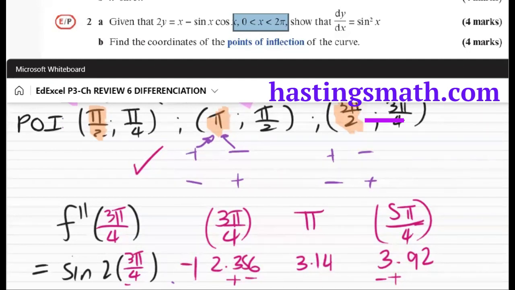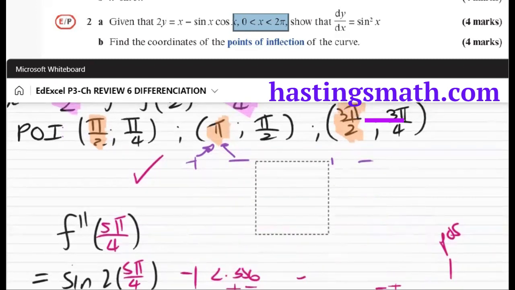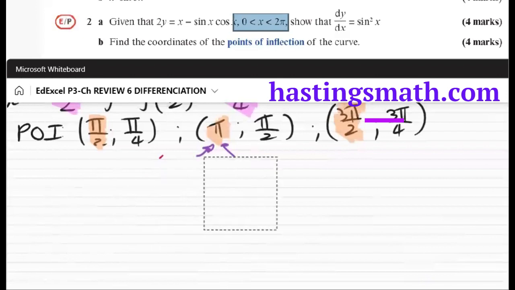And if we put in 5 pi over 4, it's 1. So this one's negative, this one's positive, and there's a sign change. Okay, do the same for the third one. They've done it in the answer sheets, and there was a sign change again. So these are all valid points of inflection. Good. I think that completes number 2.